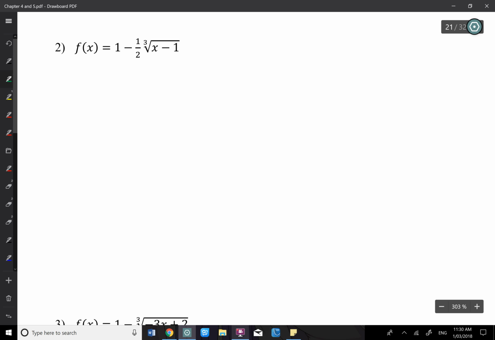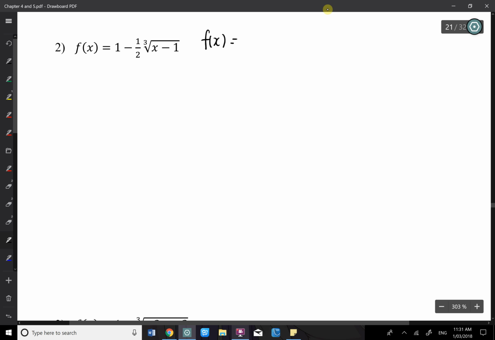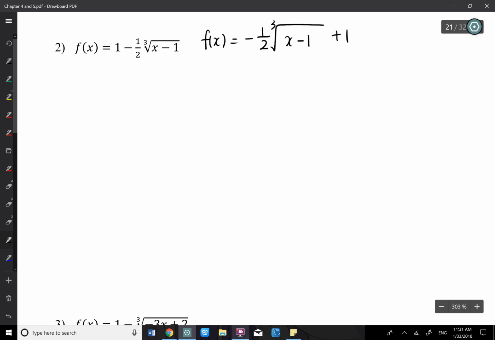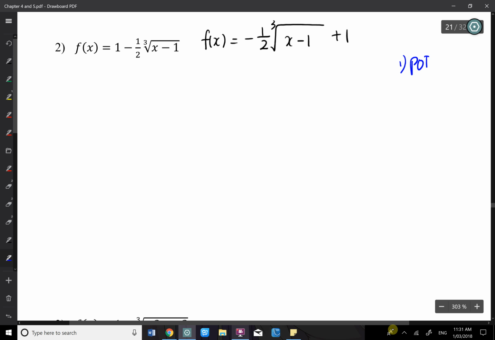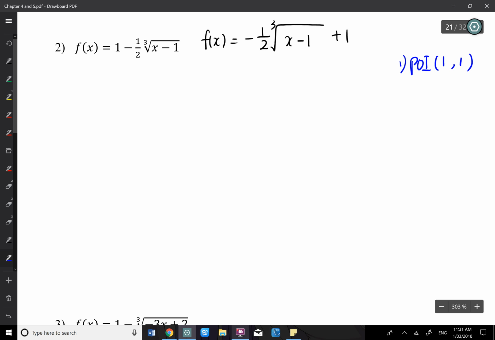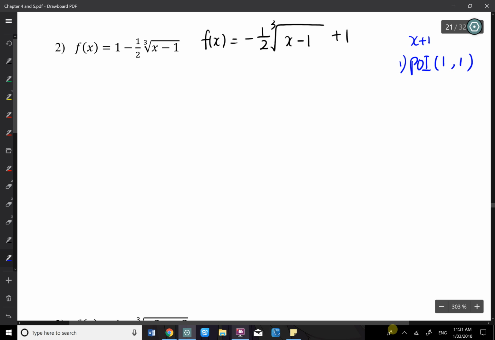Okay, the second one says f(x) equals 1 minus the cube root of a linear expression, and I will rearrange it: f(x) equals a cube root of x minus 1, and then plus 1. It just makes the form look a little bit better. First step, the point of inflection must be 1, 1, because x minus 1 equals 0 gives you x equals 1, and then the k value is 1 as well.